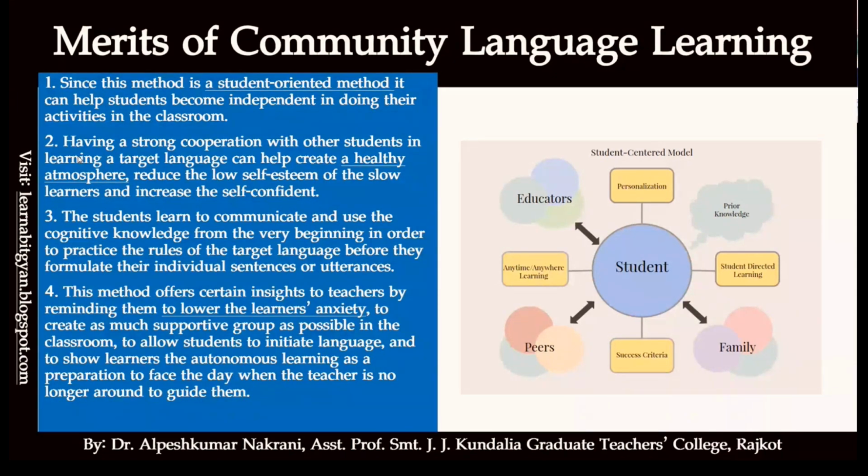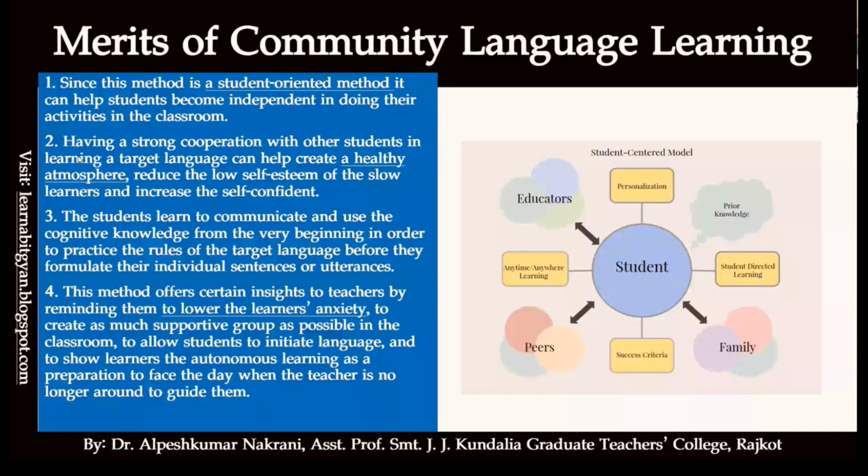The students learn to communicate and use the cognitive knowledge from the very beginning in order to practice the rules of the target language. They will start formulating individual sentences and utterances with the help of the teacher. They will slowly become independent learners.